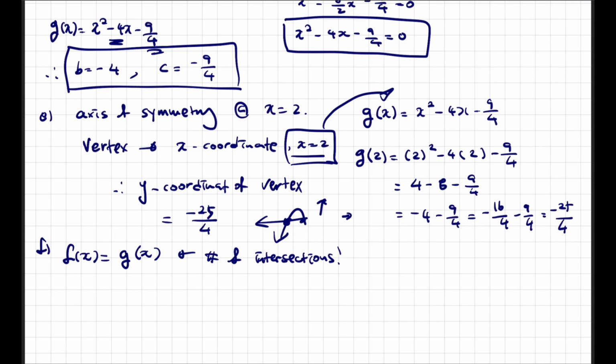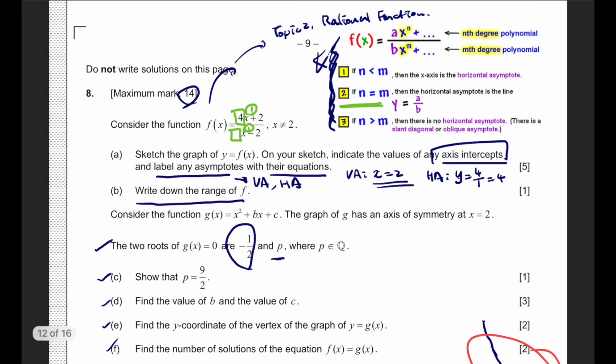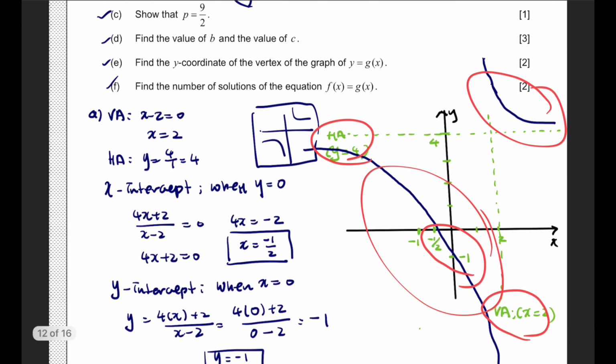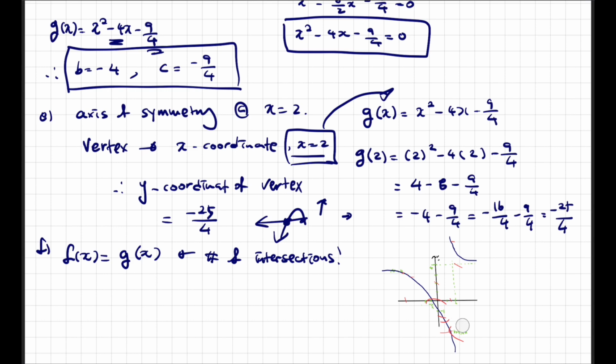However, from the previous question A, we do know approximately how the graph looks like. This is how the graph looks. And we also know that we have the axis of symmetry at x equals 2. So let's say this is the x equals 2 line.